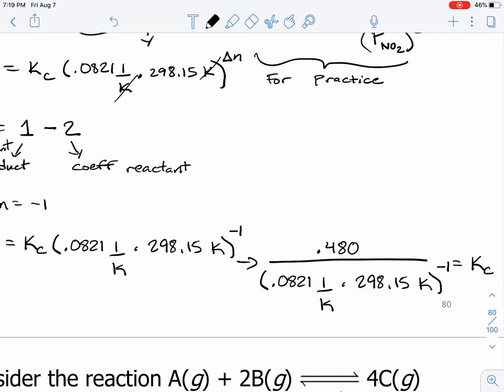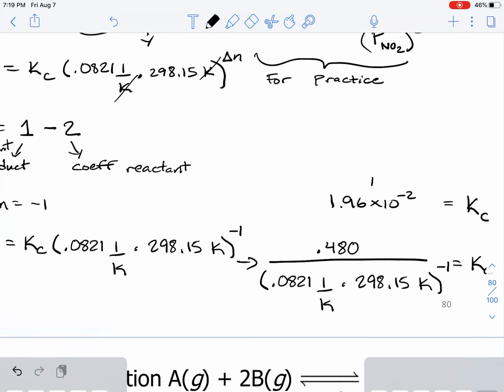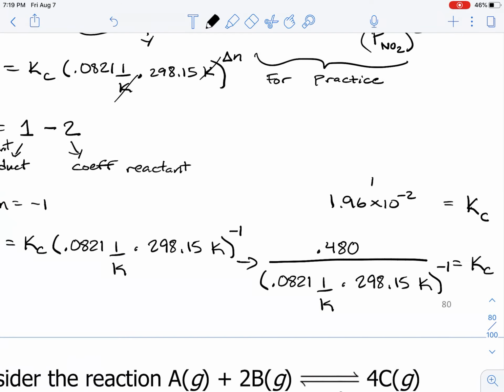And so the value that I get for Kc is going to be 1.96 times 10 to the negative 2. And so remember that Kc is unitless. Now another way that you guys can express this answer is moving the decimal place 2 places to the left.